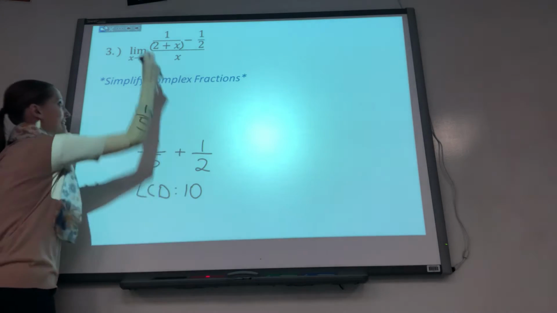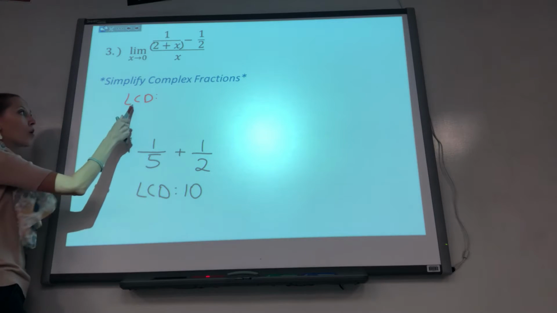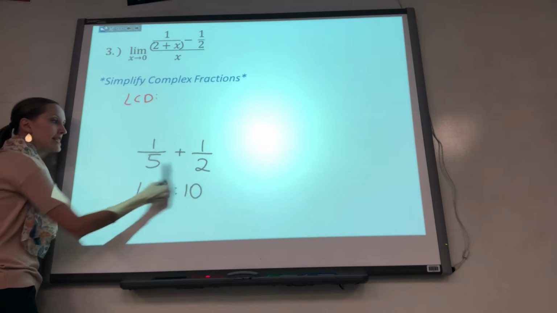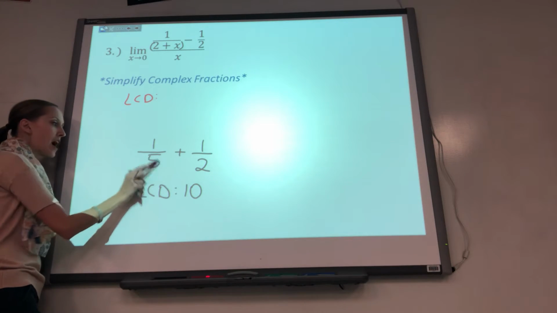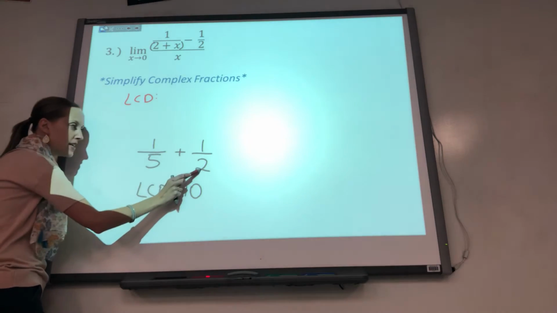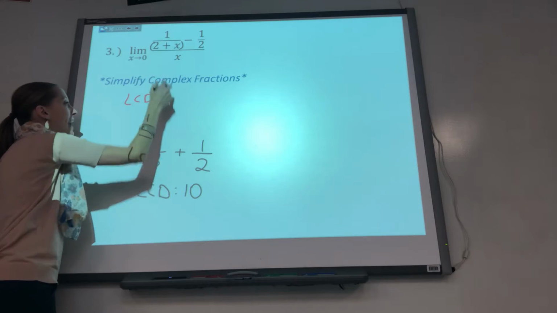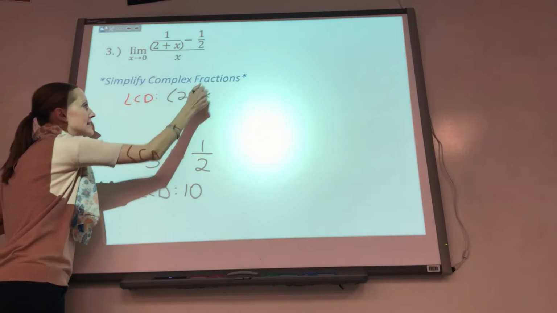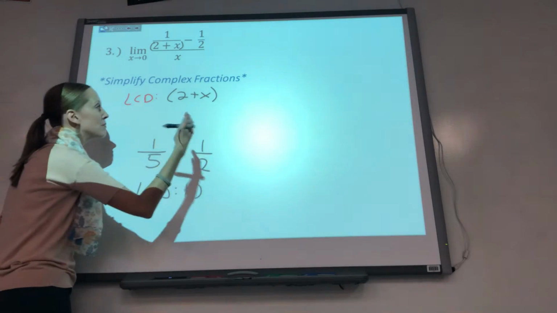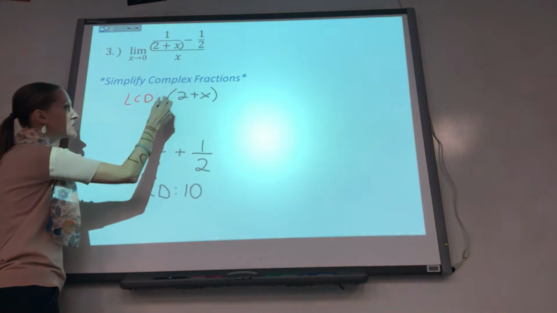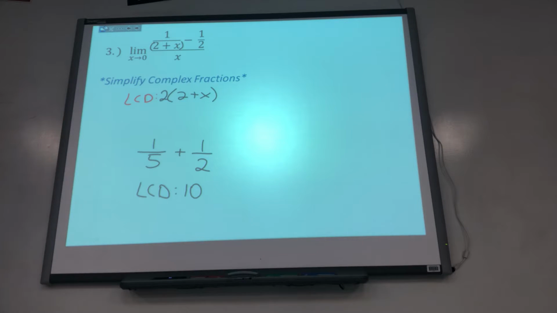So to get the LCD in this problem, we're going to do like what we did down here. We're going to have to take that first denominator times the second denominator. Now for us, that's going to be 2 plus x, the first denominator, times 2. Now usually when we have a single term like that, we just put it out front.